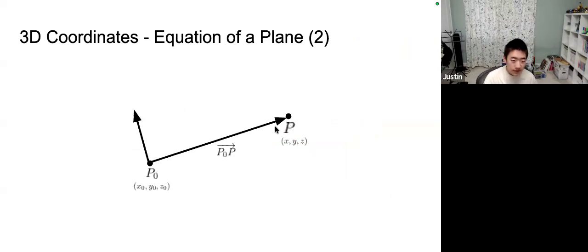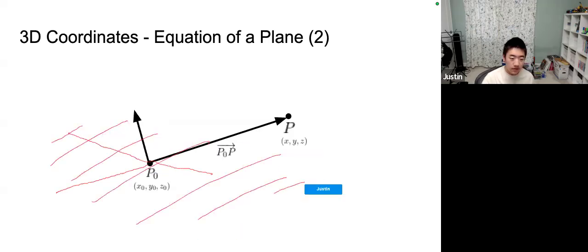Okay, so let's imagine we're given a plane, kind of like this. And this is a vector perpendicular to the given plane. Vectors have components, so let's say the components of this one are a, b, c.